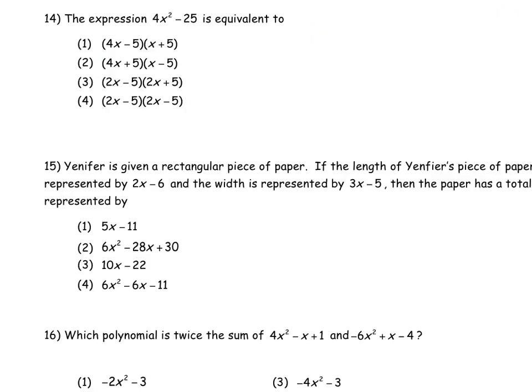All right, I want to take a look at question number 14. So if I look at 14, I have 4x squared minus 25. Now, this question does require you to know what this is. Is it a GCF, dots, or is it factor by grouping? You have to know that this is a dots question. That means take the difference, okay?